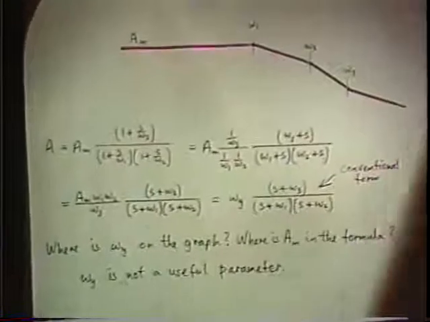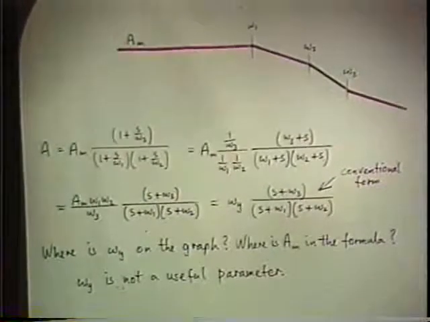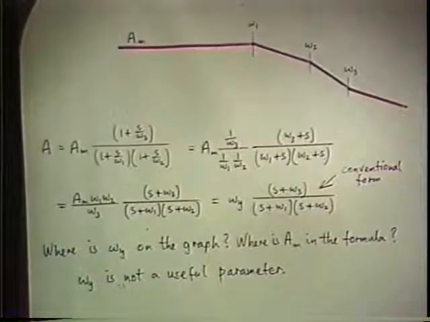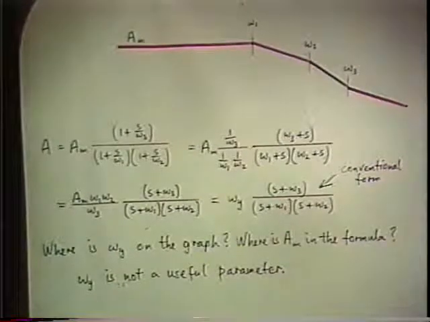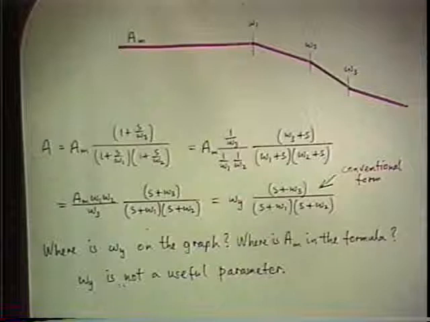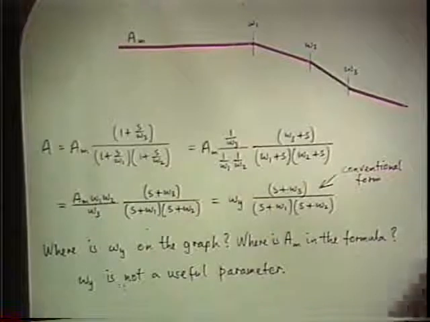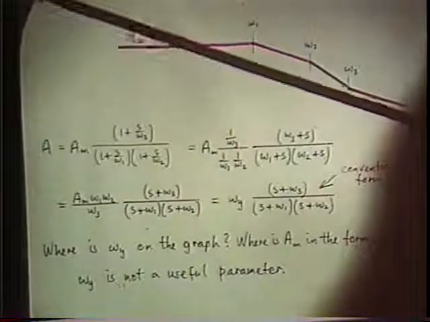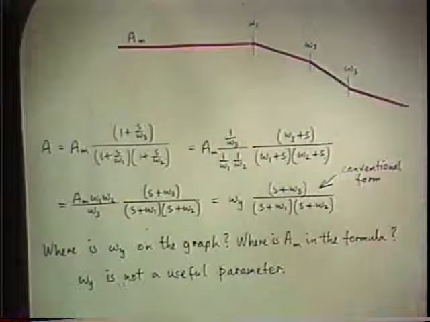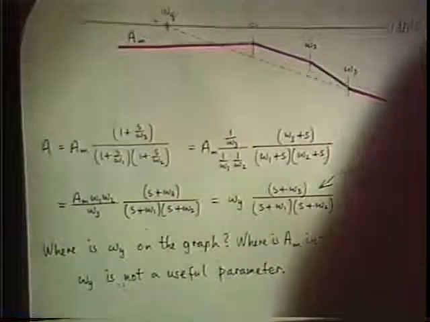And again, I have the same question. Where is omega y on the graph? Well, now you know by symmetry from the previous problem. It's where the infinite frequency asymptote crosses 0 dB.